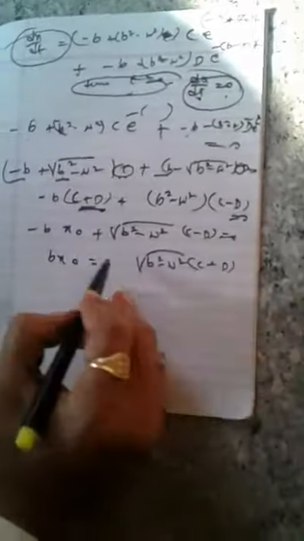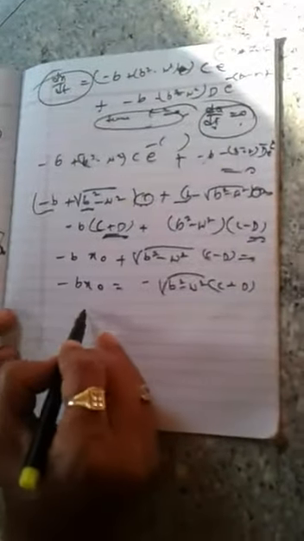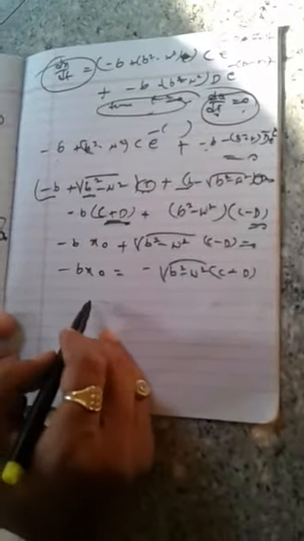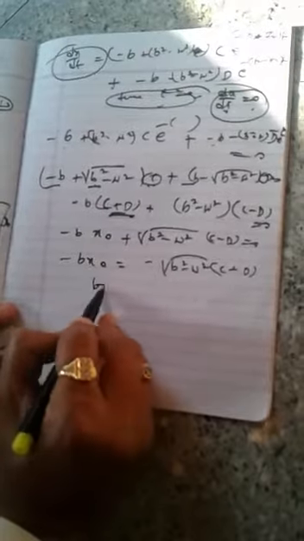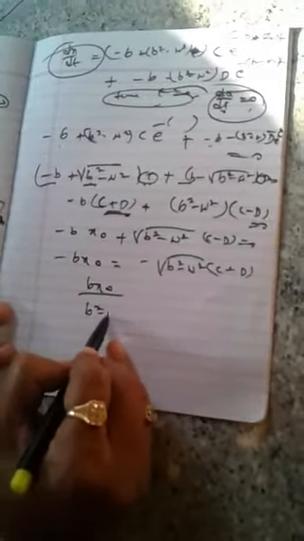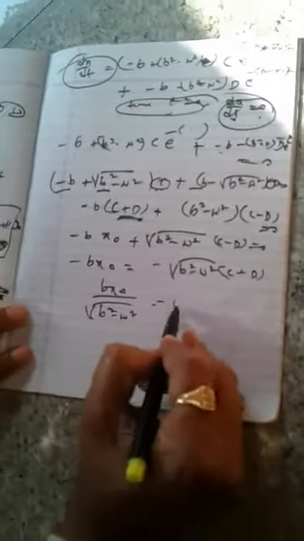Therefore b x naught by square root of b square minus omega square is equal to c minus d. This c minus d is called equation number 17.